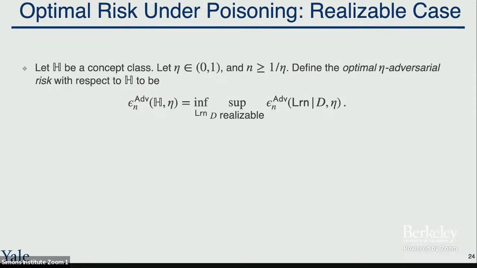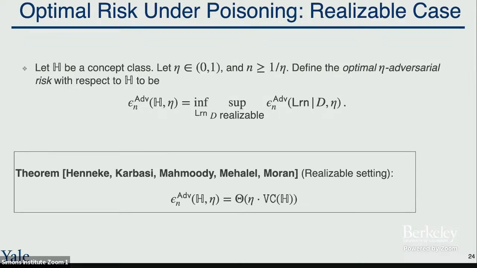If you have a learner, that's the risk of the learner under the hardest distribution. Then you minimize over all possible learners.